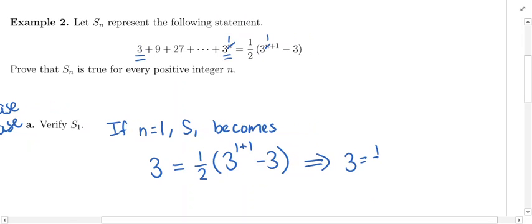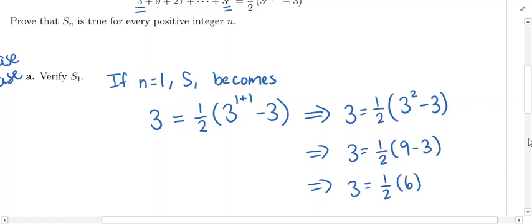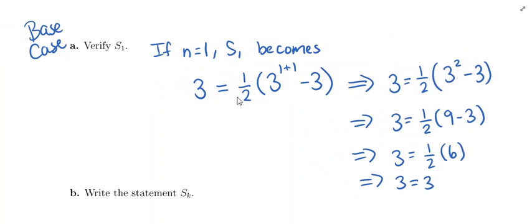The right side is going to be 1/2 times 3 squared minus 3. Keep simplifying. We're going to get 3 is equal to 1/2 times 9 minus 3. The right side is going to become 1/2 times 6. So we do get that 3 equals 3. So that's a true statement.